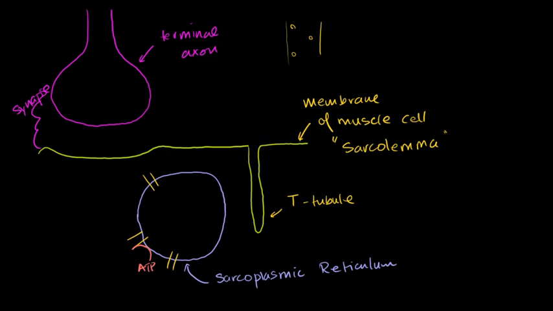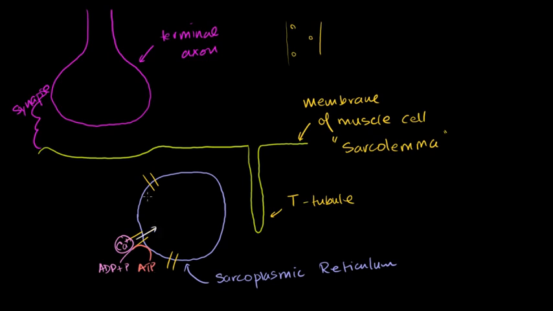I'll do the calcium ion in pink. Maybe a calcium ion will attach to it, and when the ATP hydrolyzes into ADP plus a phosphate group, that changes the conformation of this protein, and it pumps the calcium ion in. So the calcium ions get pumped in.